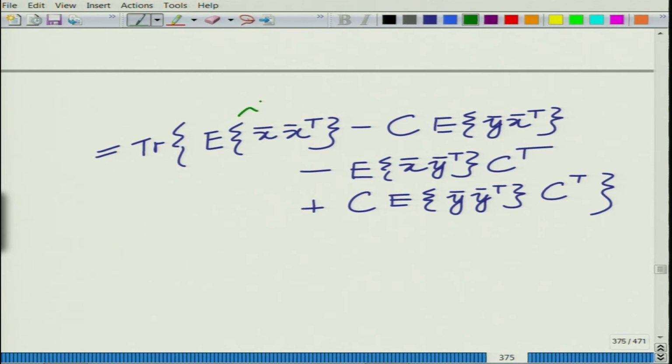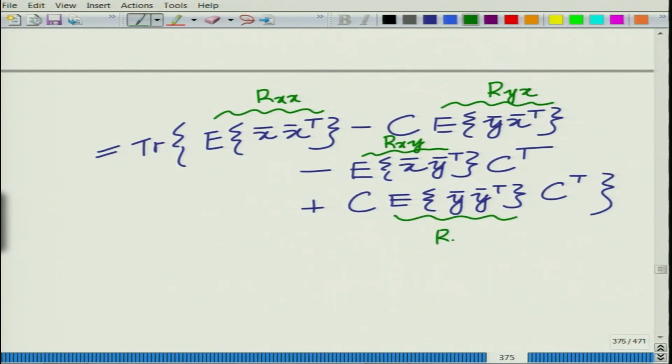Now, if you look at this, this is equal to R x x, expected value of y bar x bar transpose is R y x, this is R x y, and this is R y y.